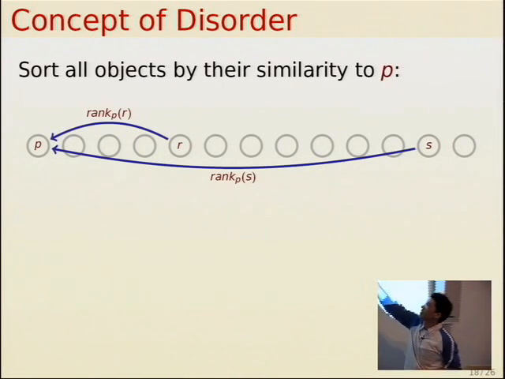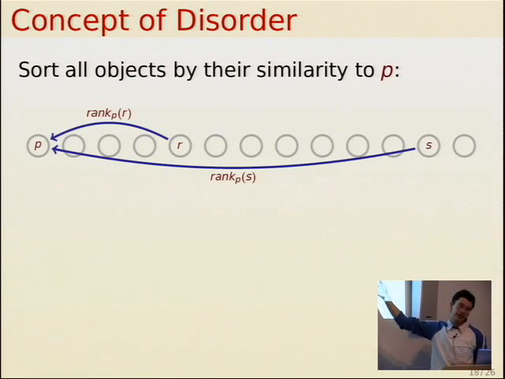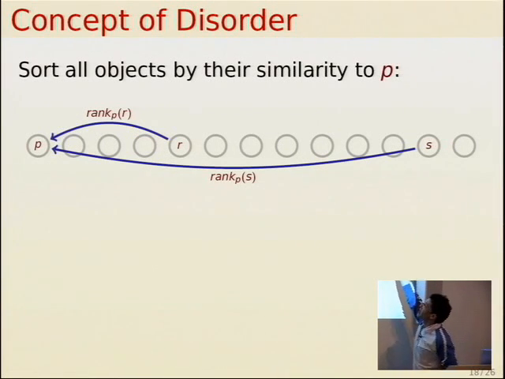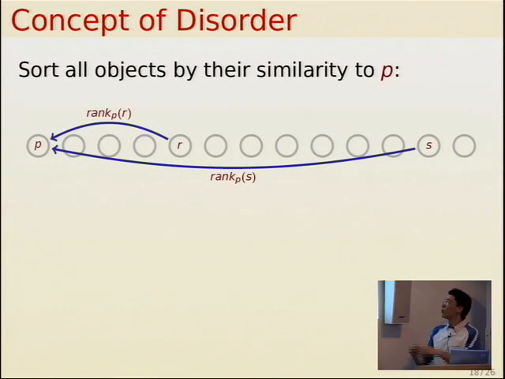In this picture, the person R has rank 4 because he is 4th in this list. And this person S has rank 11, as far as I remember. So this is the definition of rank: the rank of R with respect to P is the position of R in the list sorted by similarity to P.